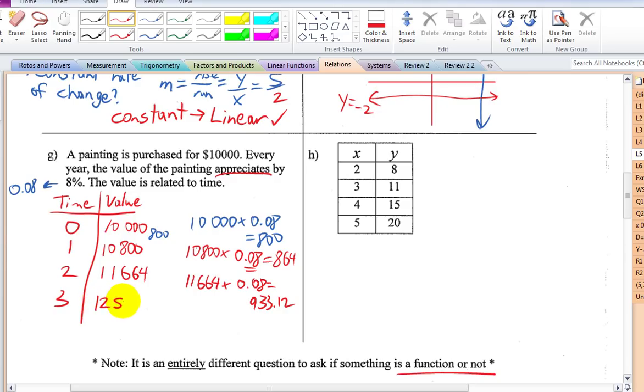You get $12,597 and 12 cents. So your rate of change started at 800, then went up to 864, then up to $933.12. So it's not a constant rate of change.